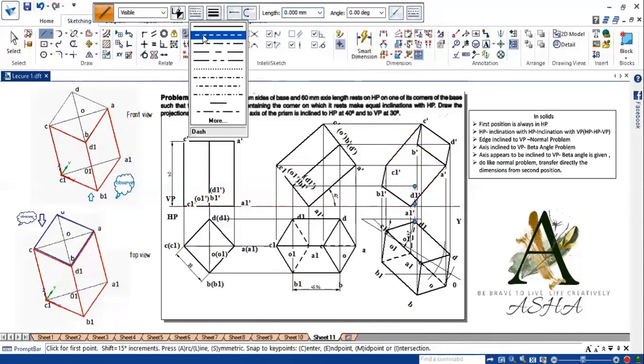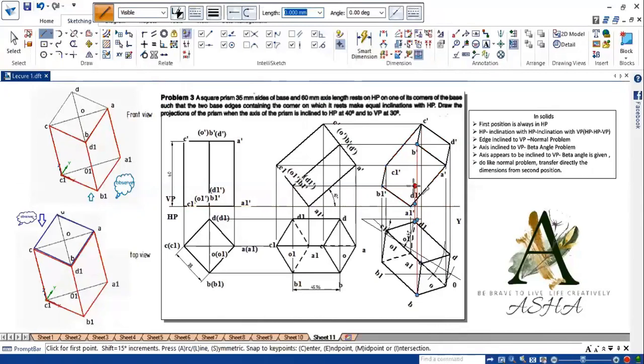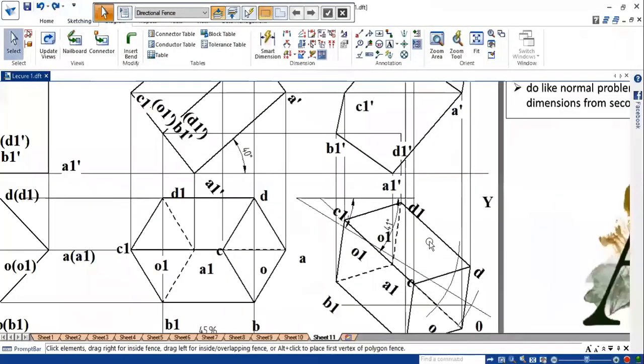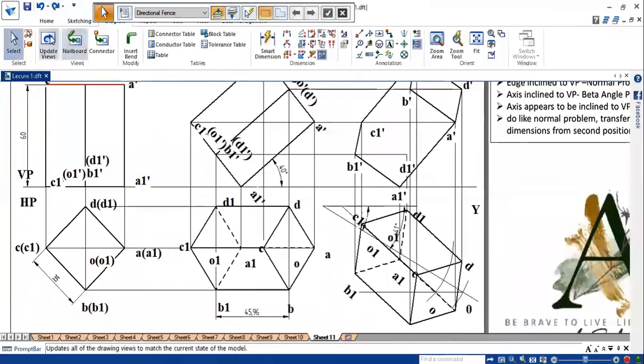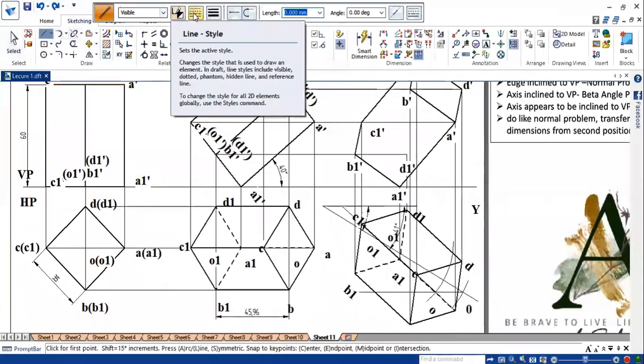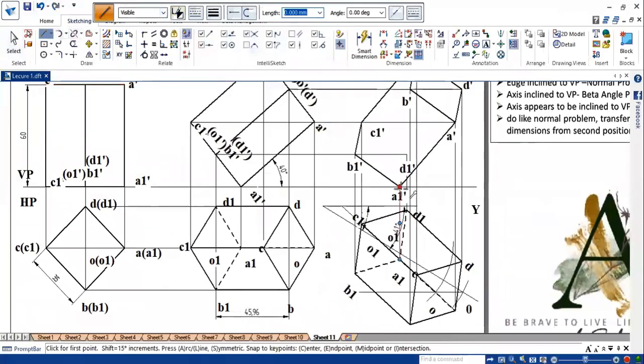So go for hidden line. So use hidden line.